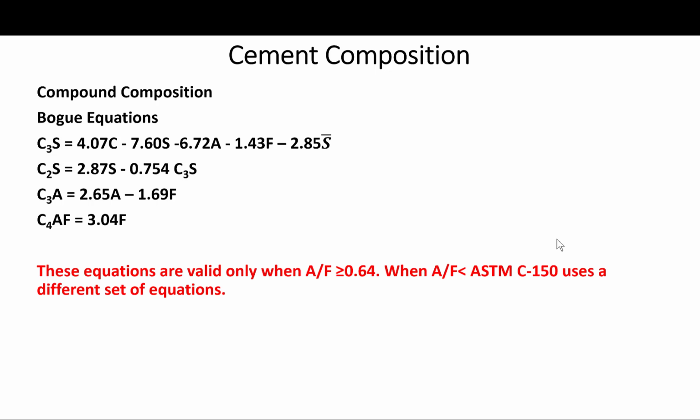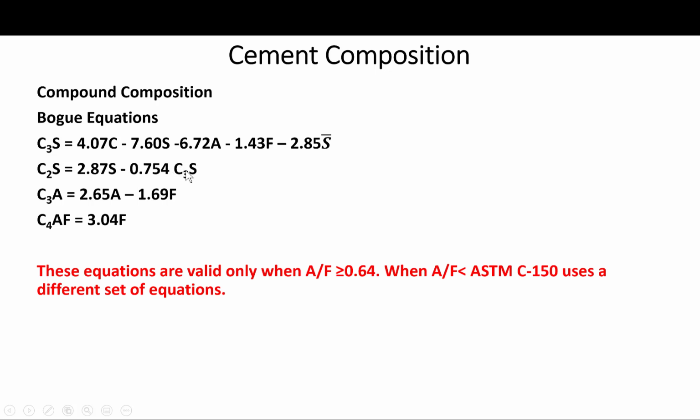As mentioned above, the equations developed by Mr. Bogue are used to calculate the cement phases, the compounds, as shown here in this slide. These are the equations, for example, to calculate the C₃S from the percentage of calcium oxide, silicon dioxide, the alumina Al2O3, the ferric oxide, and the sulfur, the SO3, C₂S.